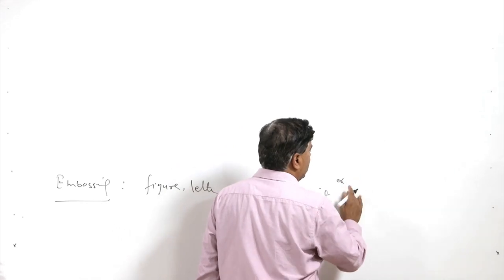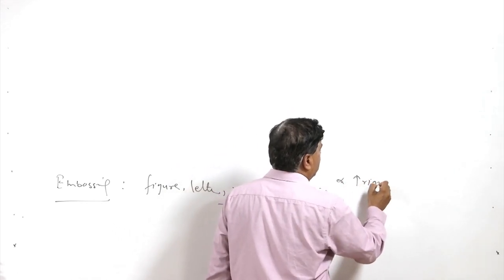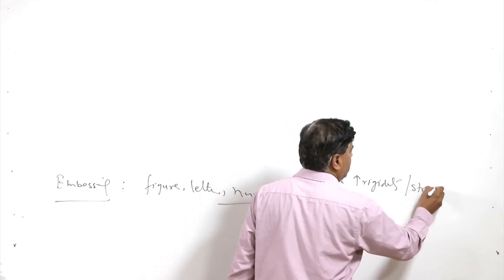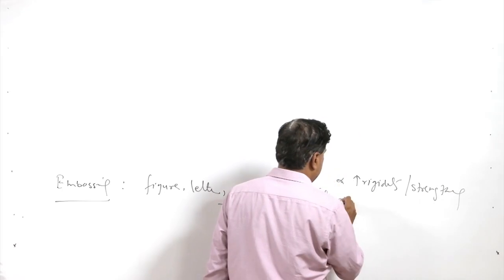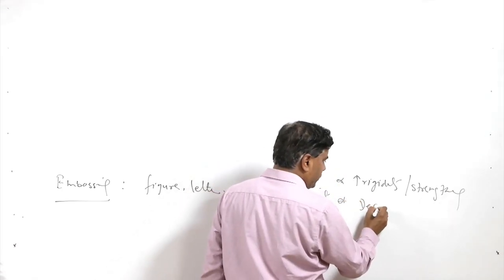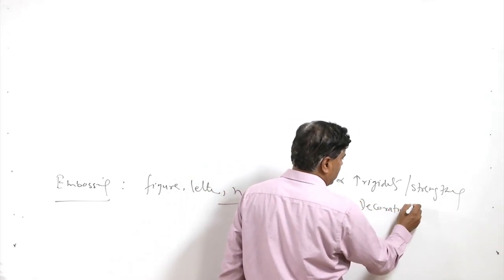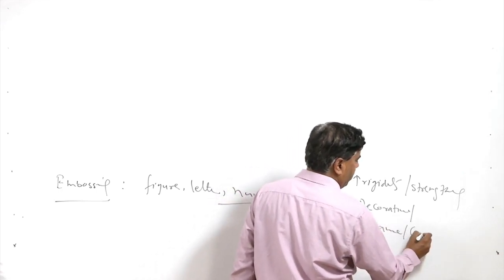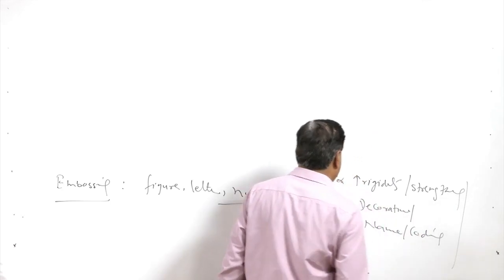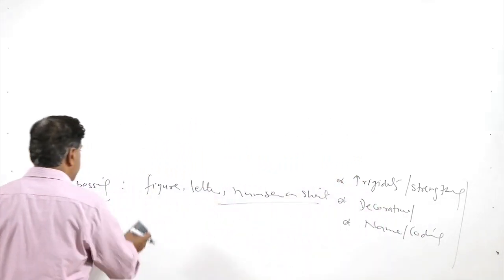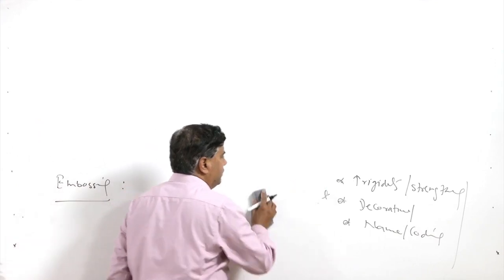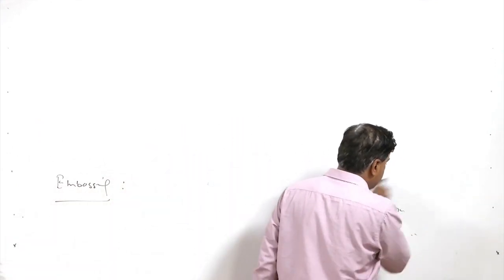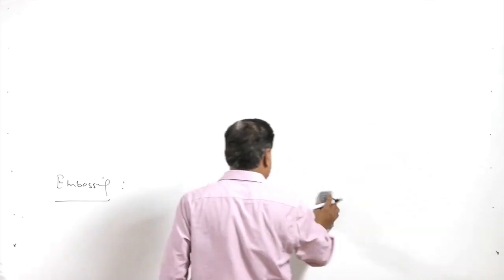One is for increasing the rigidity and strengthening of the sheet metal, and another is for decorative purposes or for naming or coding purposes. But how it is achieved, that is what we will see here. Basically the punch and dies are used for this purpose.